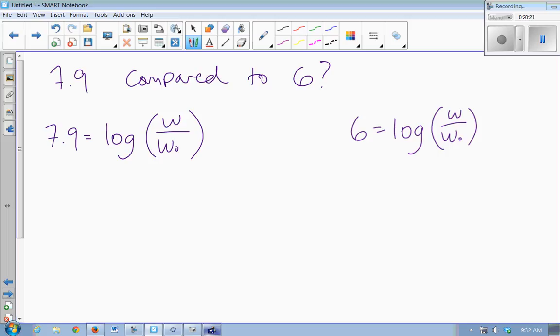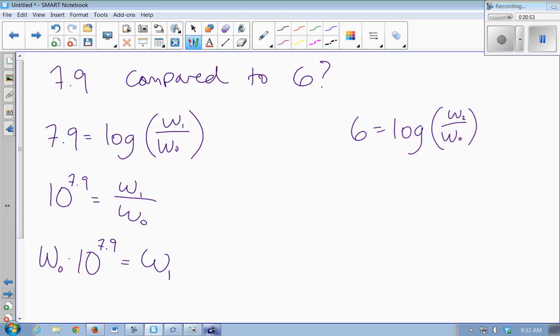And then to figure out how many times bigger one is than the other, you divide. Right? So I could call this one, say, W1, and I'll call this one W2, because they're really two different variables. All right, so to solve this equation for W1, I would say 10 to the 7.9 is equal to W1 over W0, and then just multiply both sides by W0. So I have W0 times 10 to the 7.9.